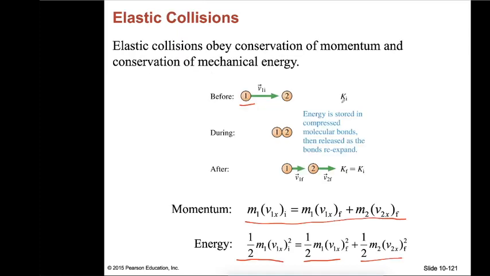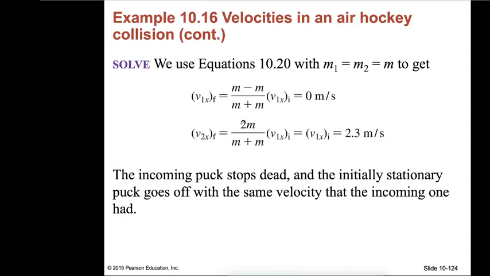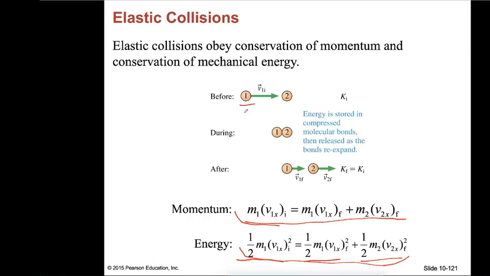For an elastic collision, the momentum is conserved and the energy is conserved. Then we can use this equation and this equation. Let's write down both of the equations, and then you can calculate the speed from these two equations.